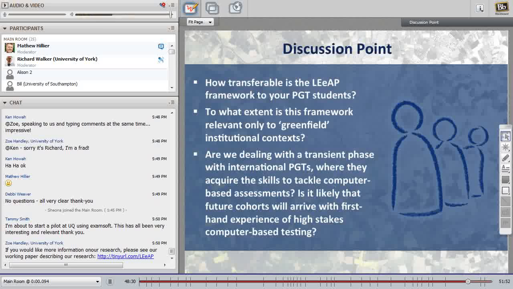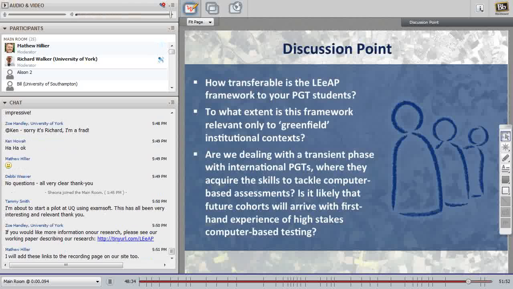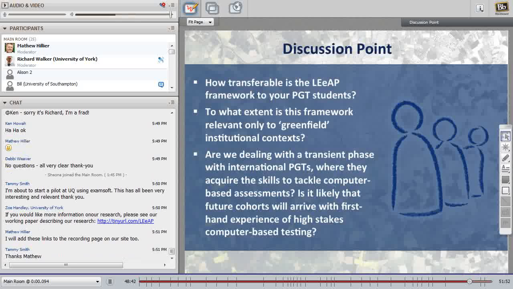Throughout the university, even if it's not directly related to their modules, they will have had other experiences of using online tutorials where they'll have done formative type assessments with multiple choice questions. So getting students comfortable with the exam, socializing them, has been much less of a problem.